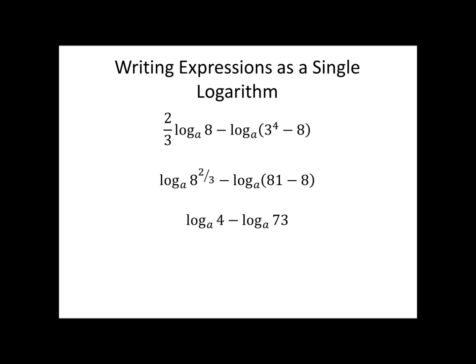So since they're both log base A, I can go ahead and apply that property where a log minus a log is actually the log of the two things divided. So now it's written as a single logarithm. You're going to have several problems like this on your homework. A good example here of all of those properties working together.